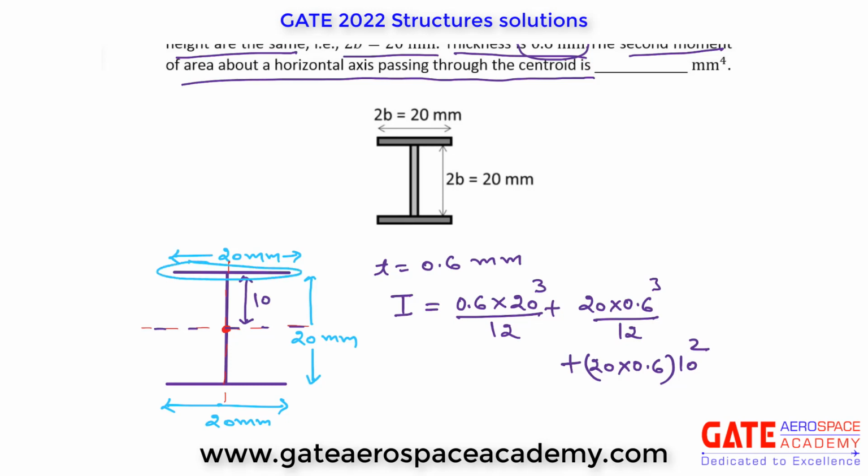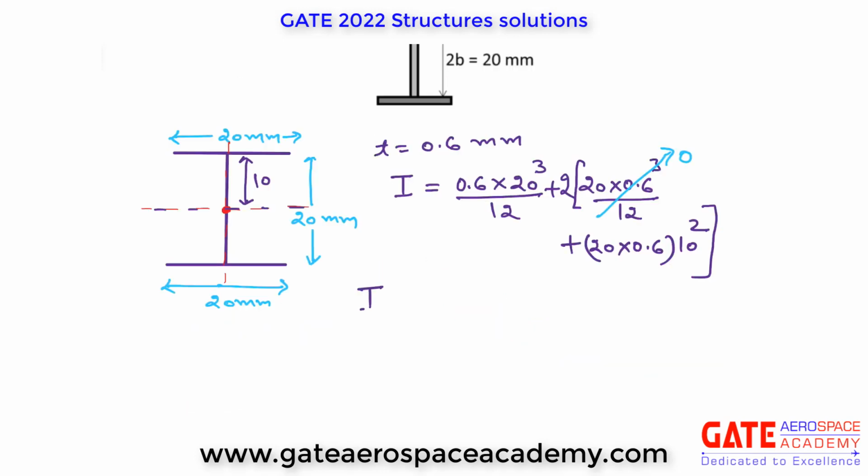What about the other, the bottom flange? Same, right? So we will just write 2 times of this thing here. Now it is thin section, so this cube of 0.6 will be very small, so we can neglect this. Even if you are not neglecting, you will get the correct answer.